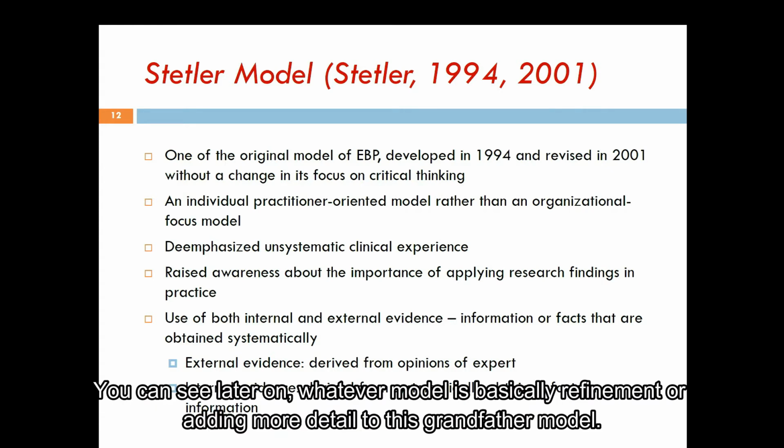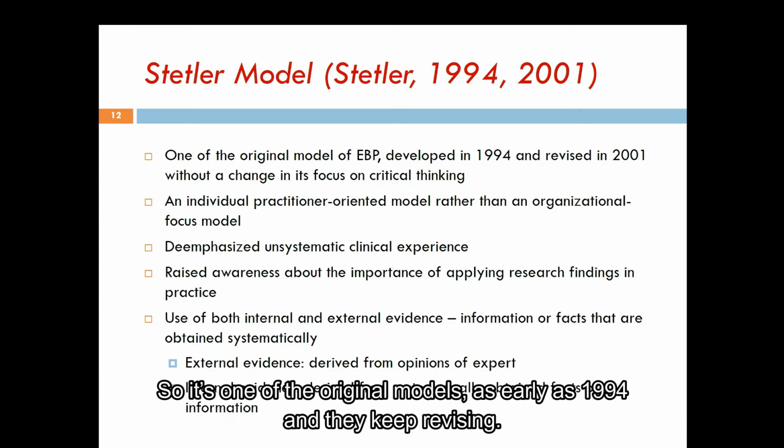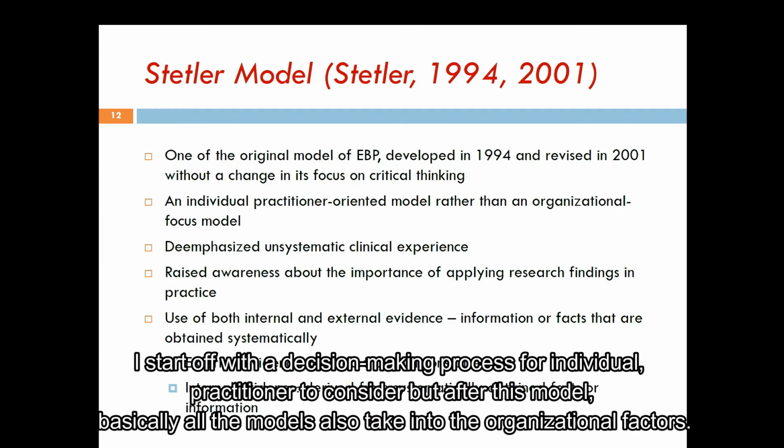You can see later on, whatever model is basically a refinement or adding more detail to this grandfather model. So it's one of the original models. It's as early as 1994, and they keep revising. It starts off with a decision-making process for the individual practitioner to consider. But after this model, basically all the models also take into account organizational factors.